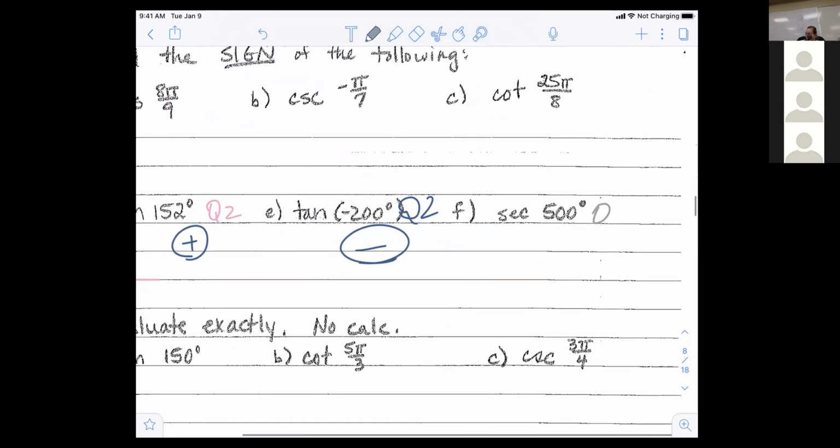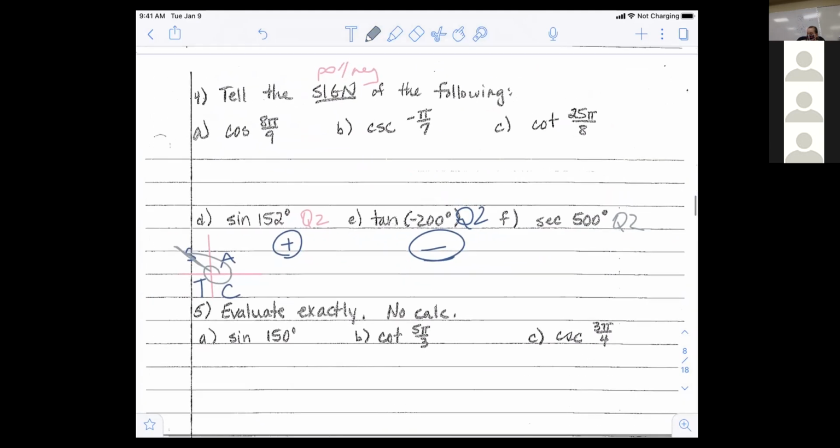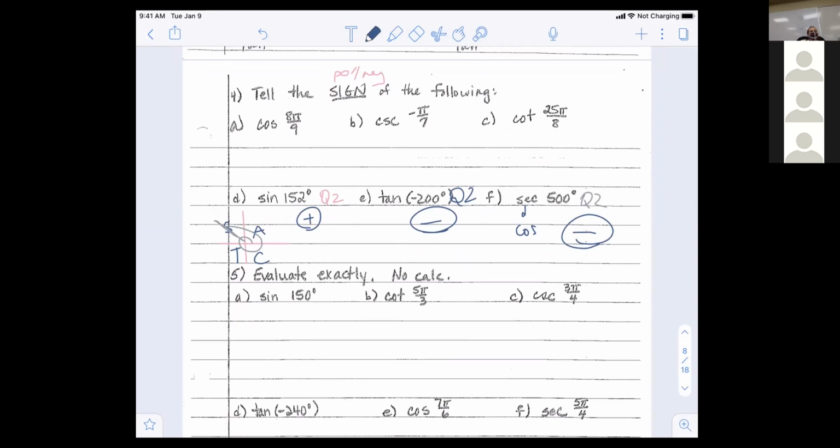I'm at least going to write Q2 over there just so I know which quadrant I'm in. And then secant. Secant goes with which trig function? Sine, cosine, or tangent? Cosine. And is cosine, and thus secant, positive or negative in this quadrant? Negative.